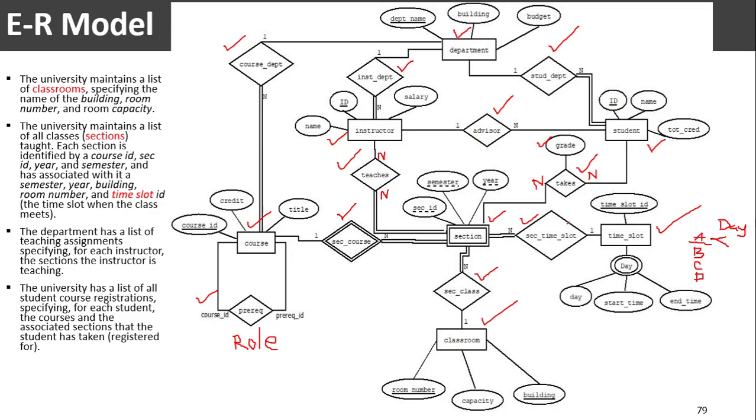So I think we have touched all the entity sets and the relationships, the cardinalities, and we have reasoned why the things are like this, right? So I hope you have understood how we have drawn this ER model. Please try to understand.